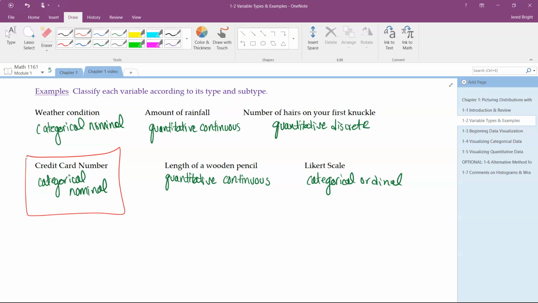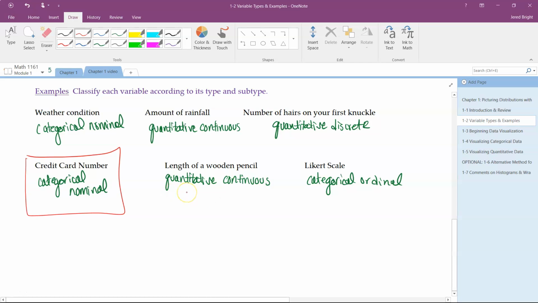For example, my mom, my brother and I all have a family credit card. We don't ever use it, but we have it in case of emergencies. If we take the difference in our card numbers, they aren't 1, 2, 3. They're completely random numbers. So the mathematical difference isn't meaningful, and there's no particular order to credit card numbers.